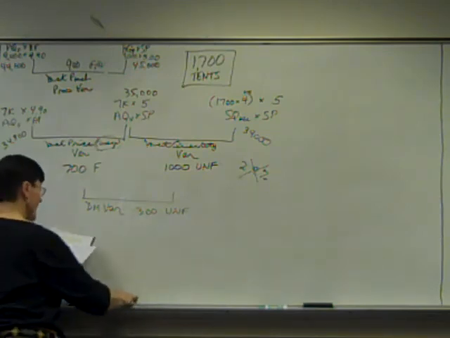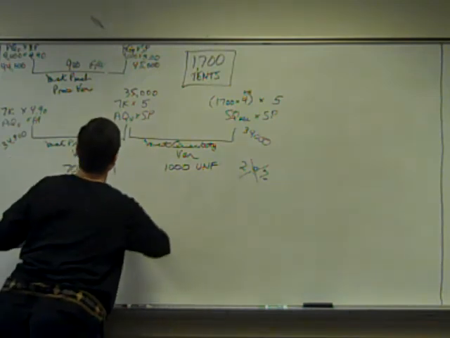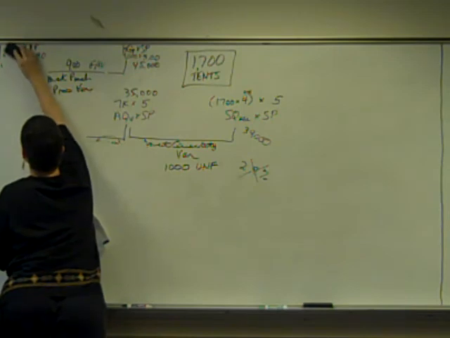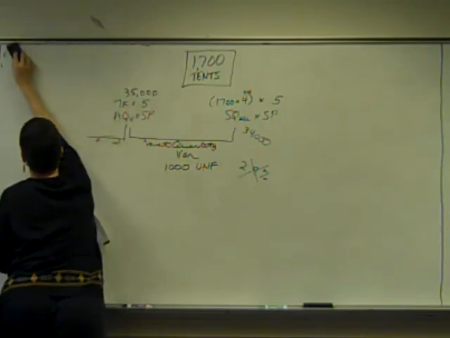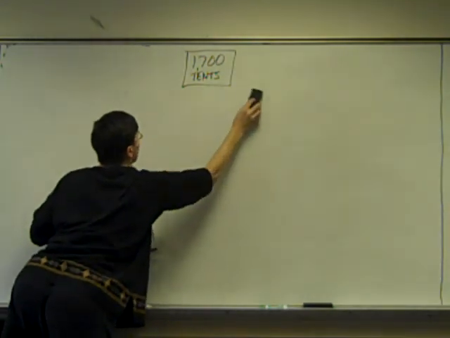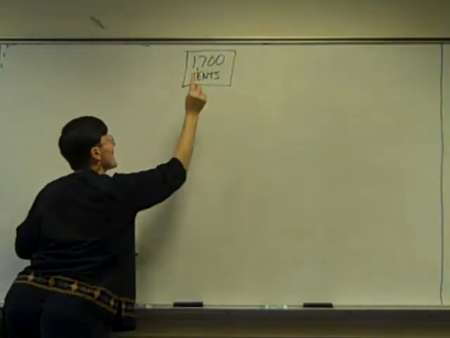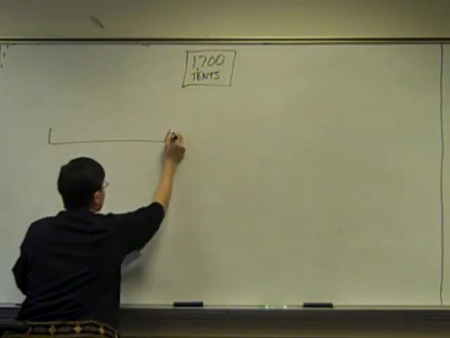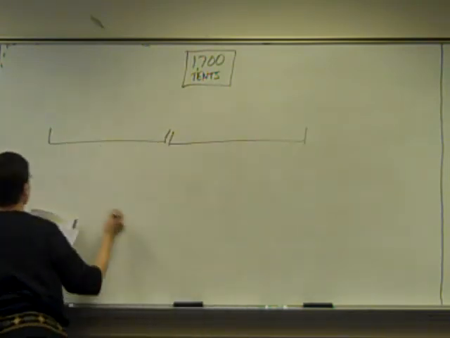For labor, the same thing, only we don't have to worry about purchasing being different than used. We don't inventory labor. So now we always have just the 2 labor variances still for our actual usage of 1,700. Okay.